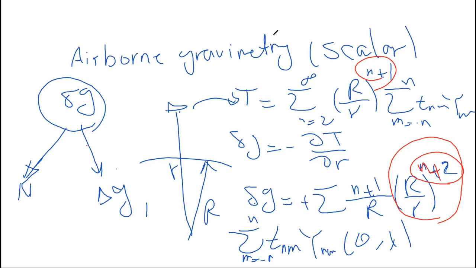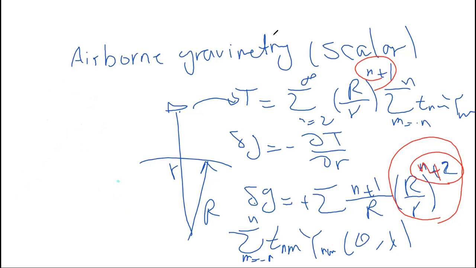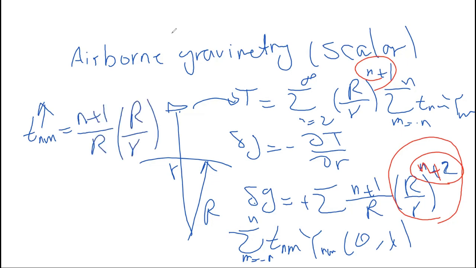So if I want to write the mathematical model for the spherical harmonic relation of the potential at airborne level, let me write it: T_nm with an upward arrow is (R over r)^(n+1) times T_nm.